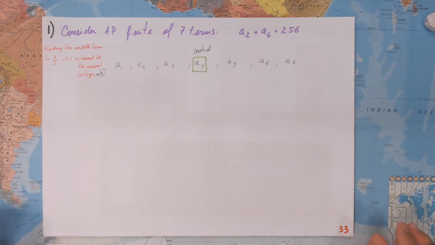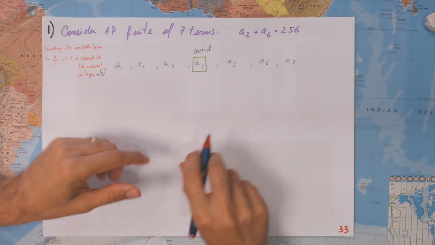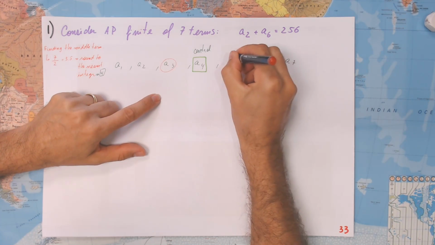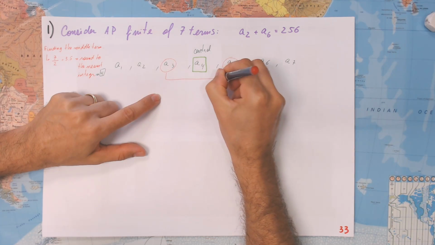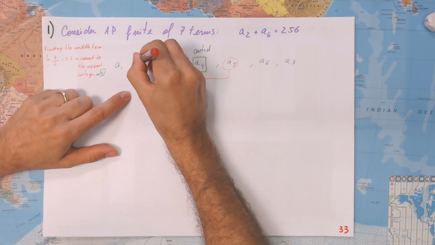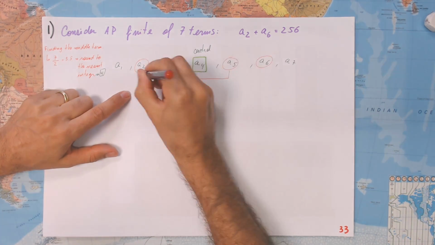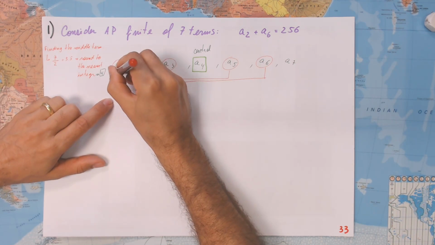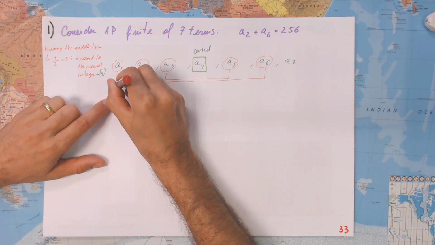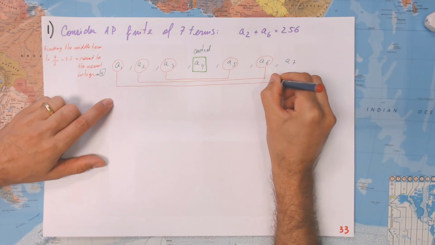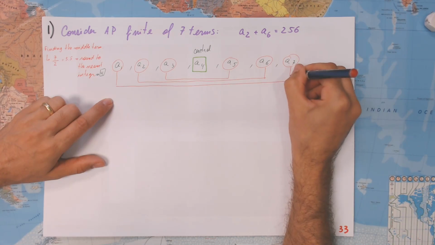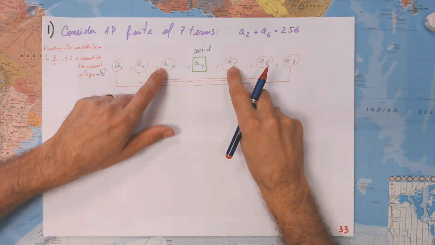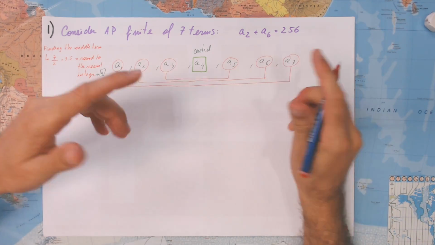Now, what is being given to us? A2 and A6. Again, those are the pairs, right? So we have 3 pairs. And remember that the summation of all of them is going to be the same.